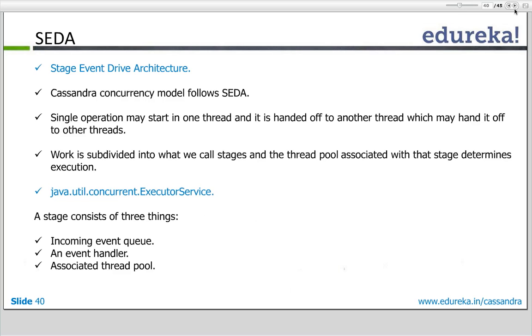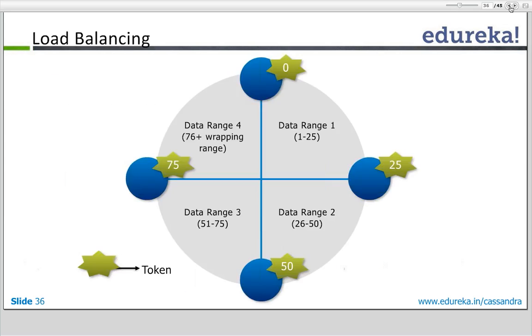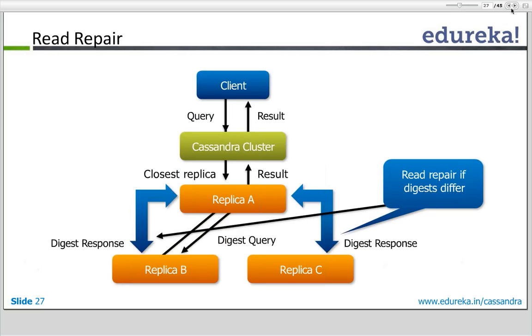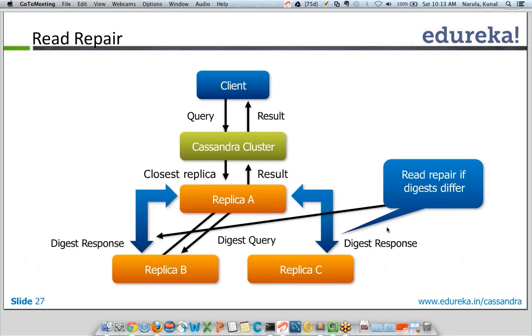So let's now go back to the read repair that we missed. What happens in read repair? Depending on the replication factor you declare, let's assume there are three replicas: replica A, replica B, and replica C. You define your consistency to be high, and you are reading some data from the Cassandra cluster.